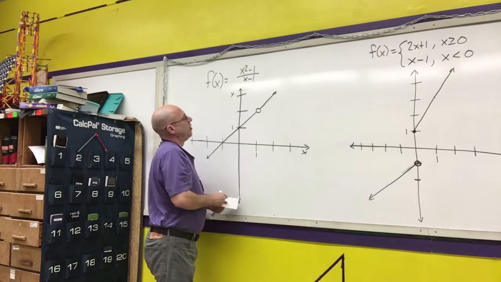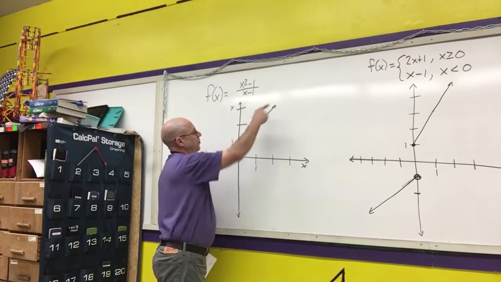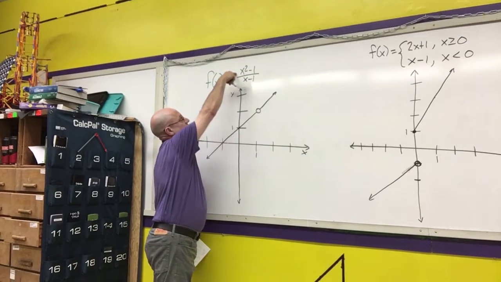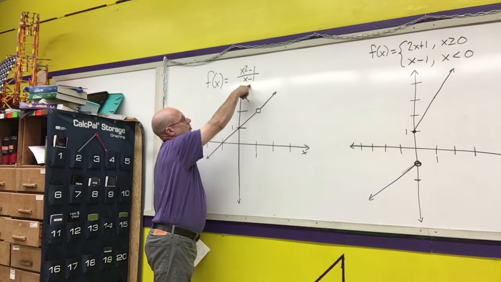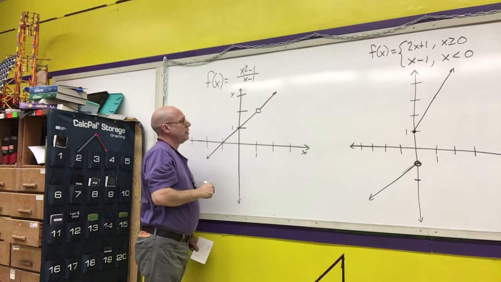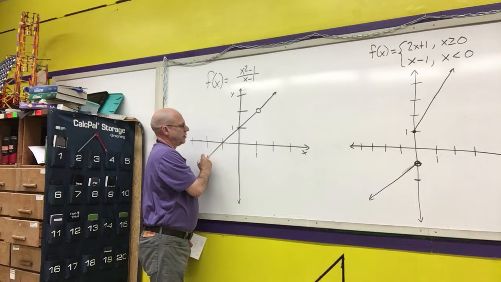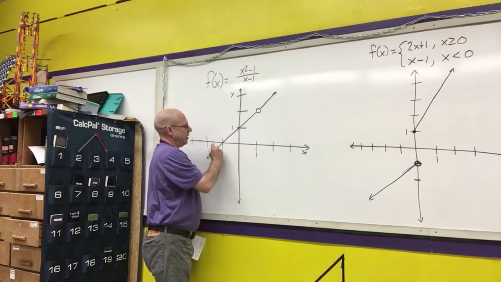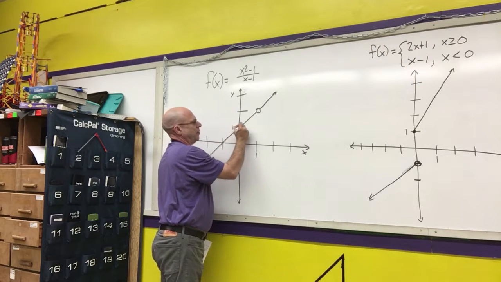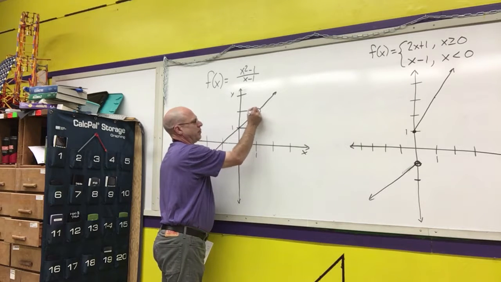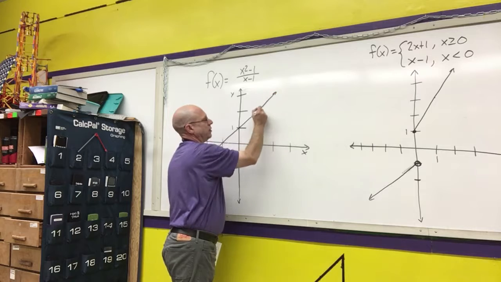So we look at this function, f of x equals x squared minus 1 over x minus 1, and we see that I can draw the graph without lifting my pencil off the paper at every point except when x equals 1.